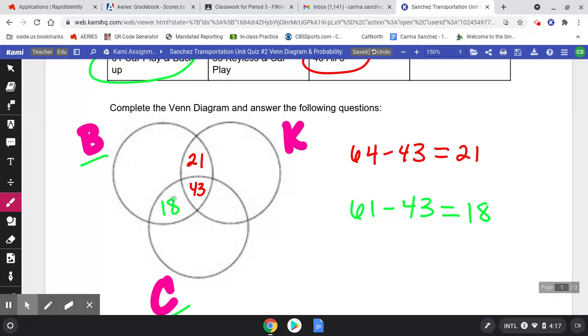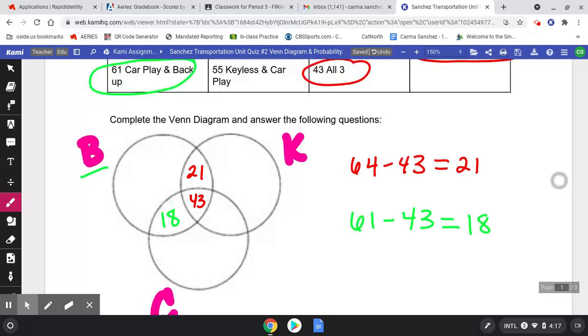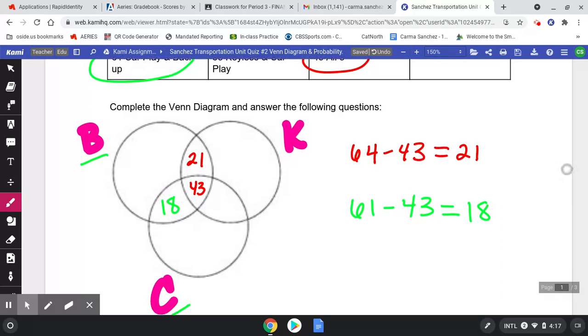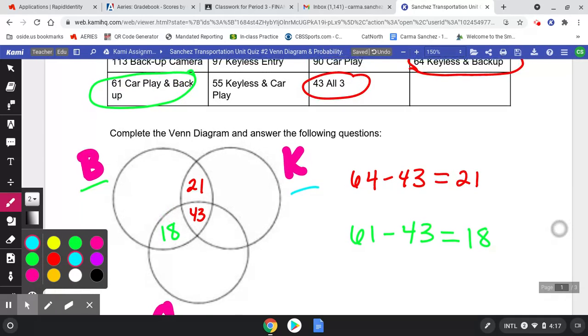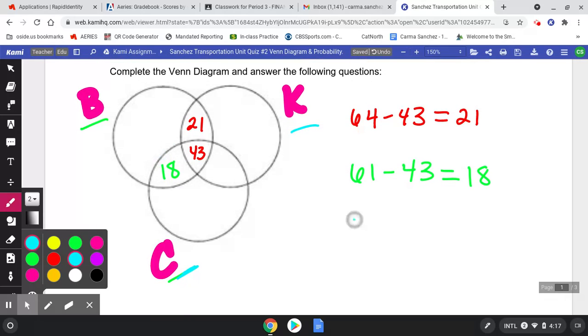And then that's the point of intersection there. All right, finally, it says 55 want keyless and CarPlay. So for keyless and CarPlay of 55, we have to subtract the 43 from the middle that are already being counted. And that's how we get the 12 that are right there.